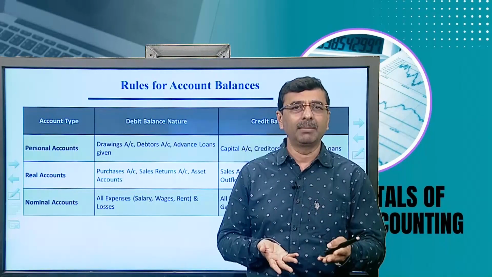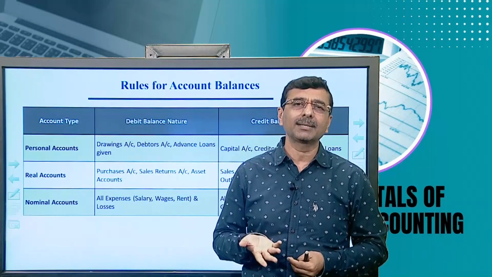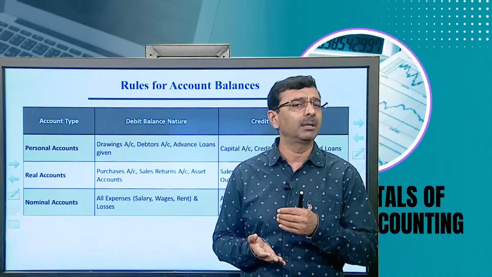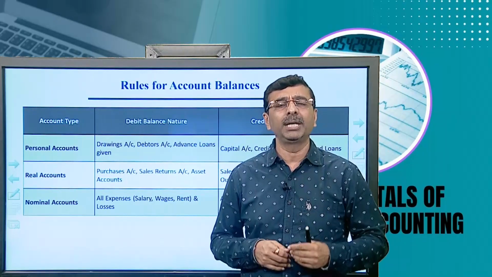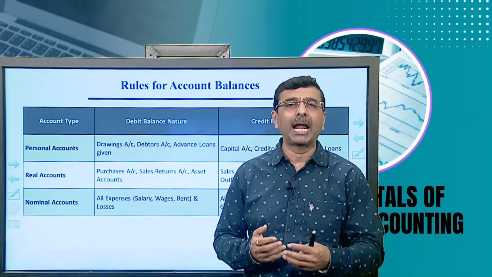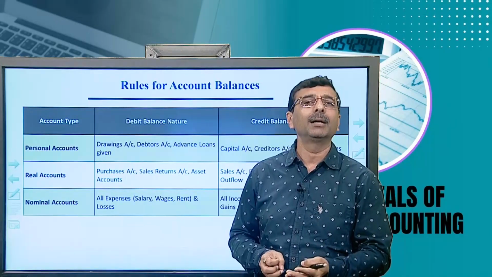Drawings is always a debit balance. Machineries and assets are always debit balance, because machineries are assets. So plant and machinery, land, building, furniture, equipment, vehicle, etc. are all used in the organization, and these assets help in doing business. That is why all assets are always a debit balance.